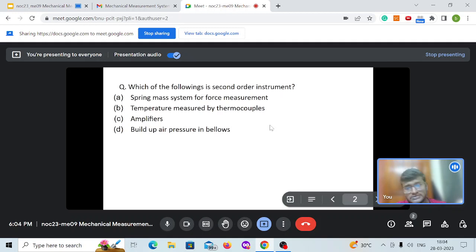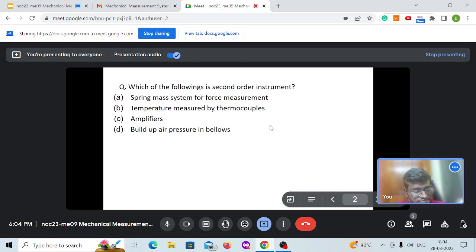And because of the spring, it will have an inherent sensitivity, which was discussed in the class. If the spring constant is more, it will affect the time constant as well as the sensitivity.